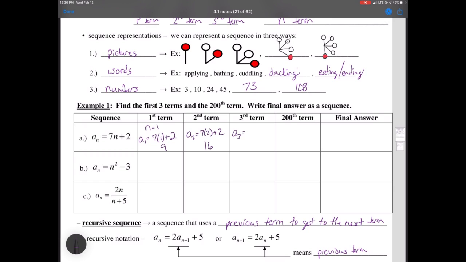A sub 3 equals 7 times 3 plus 2, which is 21 plus 2, which gives me 23. A sub 200 equals 7 times 200 plus 2, which is 1402. So if we were to write this out in our sequence order, we would say 9, 16, 23, and 1402.